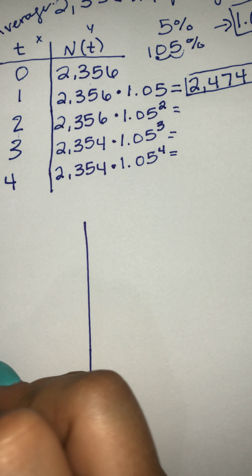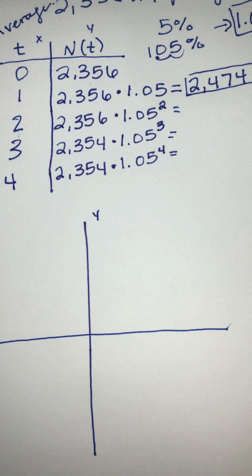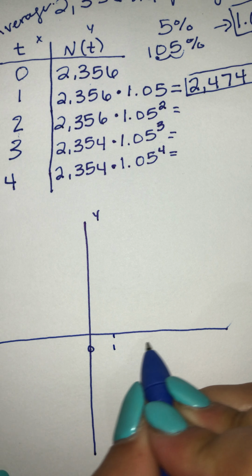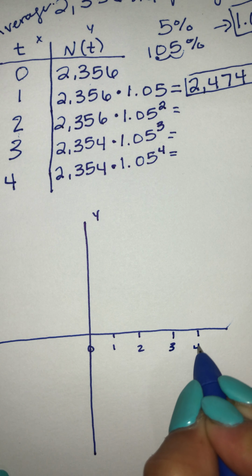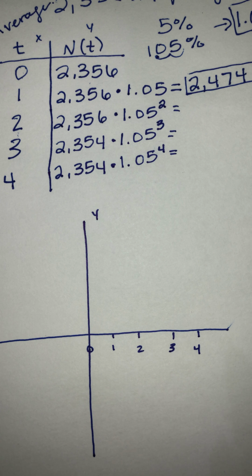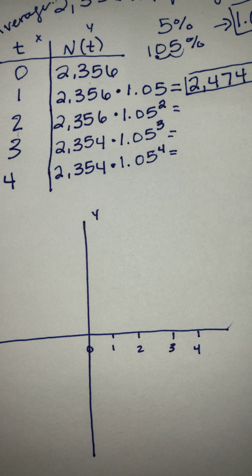Here's my X, here's my Y. We have 0, then 1, 2, 3, 4. Obviously yours is going to be online, so it's going to be more accurate in terms of spacing. For my Y, I'm going to go by 500s.